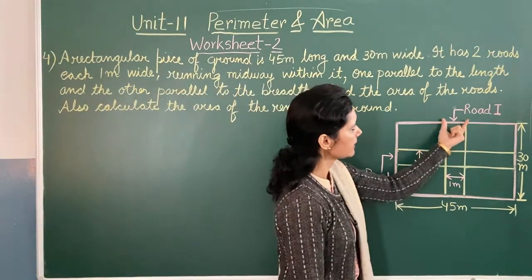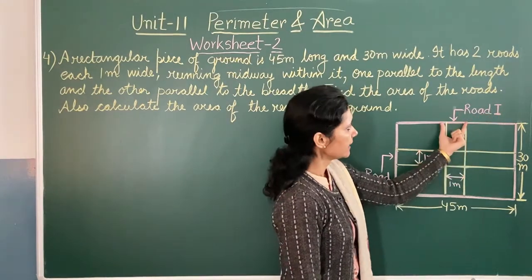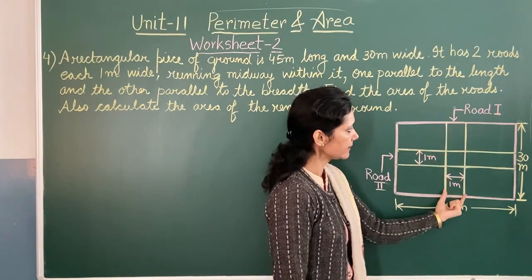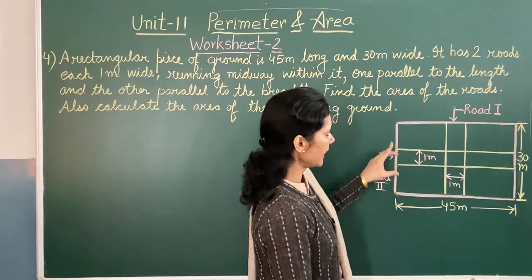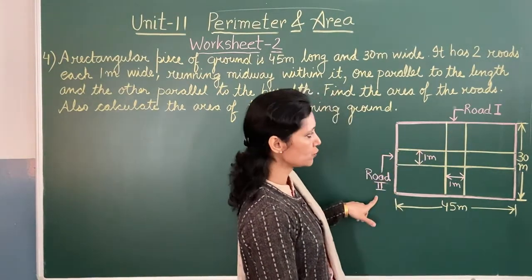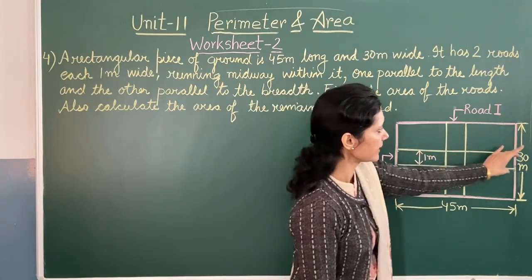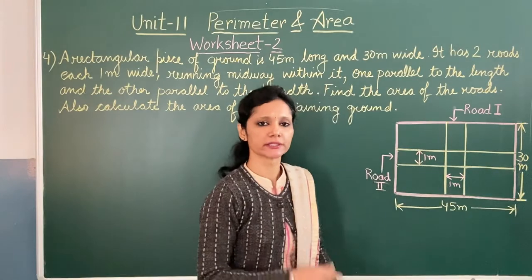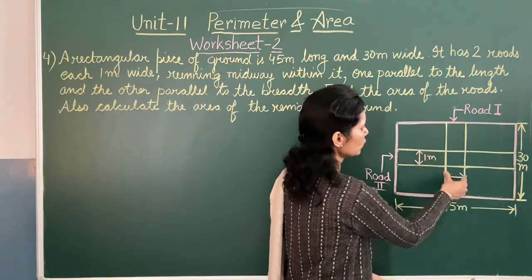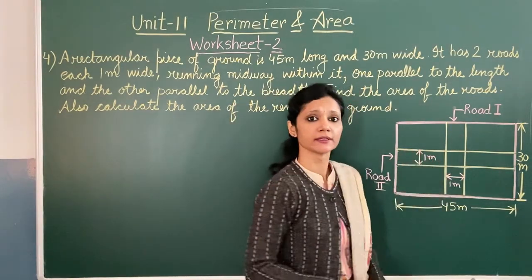As you can see, I have marked this as road 1. This road is running in the center and is parallel to the breadth of the rectangle, and the other road, that is road 2, is running in the center and is parallel to the length of the rectangle, and the width of these two roads is 1 meter each.